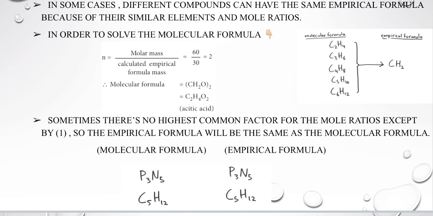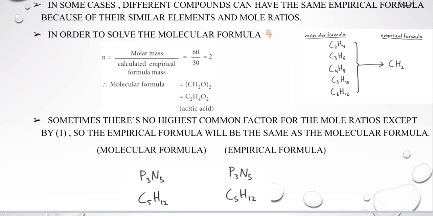This happens sometimes when these two numbers, or more than two numbers, according to their elements, do not have a mole ratio with a relationship that gives a highest common factor more than 1.